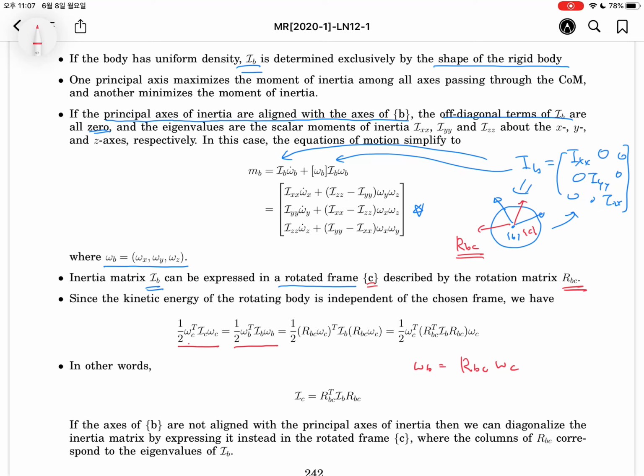We know the subscript cancellation rule, it will be equal to omega b. So these two matrix-vector equations will be applied to here and here. Then we have this equation. By taking a transpose operation, then we have this one. It should be equal to IC. So the 3 by 3 inertial matrix can be expressed using the rotated frame.